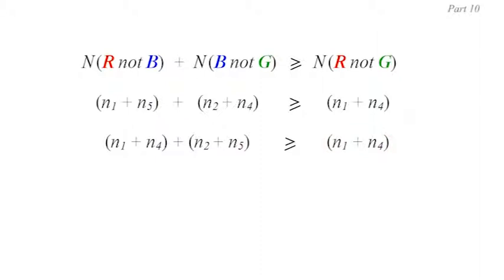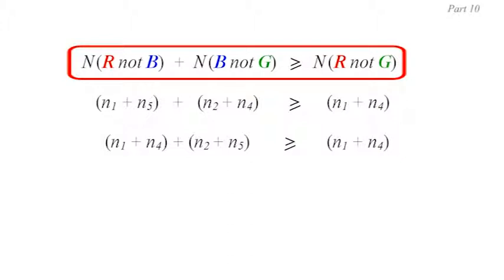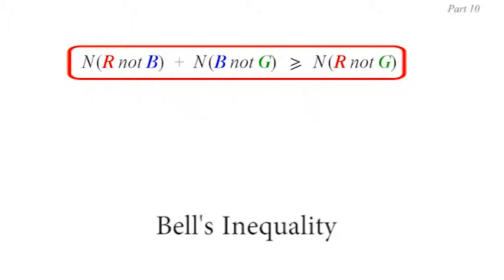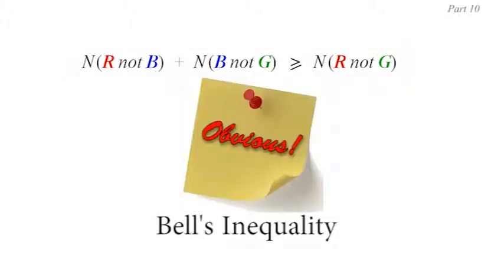Now, if we assume that all the N numbers are either positive numbers or 0, we can't have a negative number of socks, then the fact that the left-hand side contains N2 plus N5 more than the right-hand side means that the inequality must be true for this sock situation. Bell's inequality, this formula, in a way, states the obvious for a classical situation. The proof shown here with socks simply is stating the obvious.